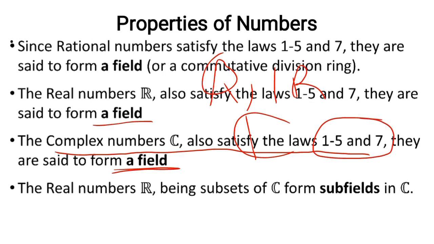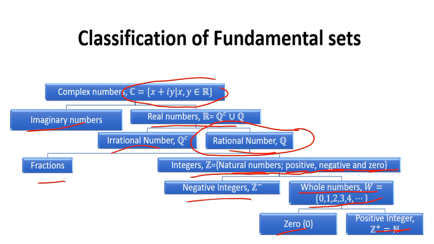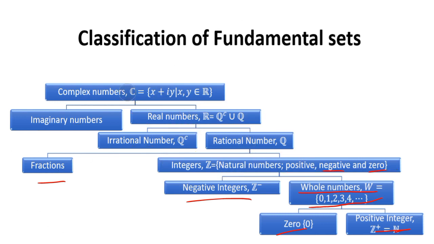Now, the real numbers are subsets of the complex numbers. That's true. Let's see the table and let's see the flow. You can see that the real numbers are actually subsets over here. Let me clean the screen so you can see everything well. So truly the real numbers right here are subsets of complex numbers.